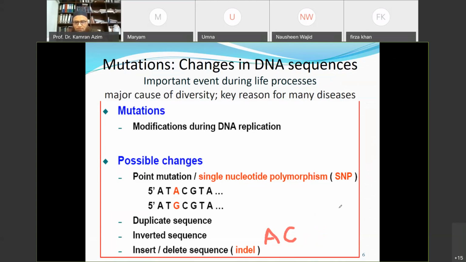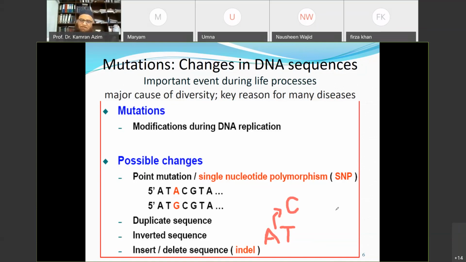And if we have deletion of C, for example, so after A we will have T. So we can say that the C nucleotide is deleted. So either one or more than one nucleotide are deleted in case of deletion, or one or more nucleotides are inserted in case of insertion.